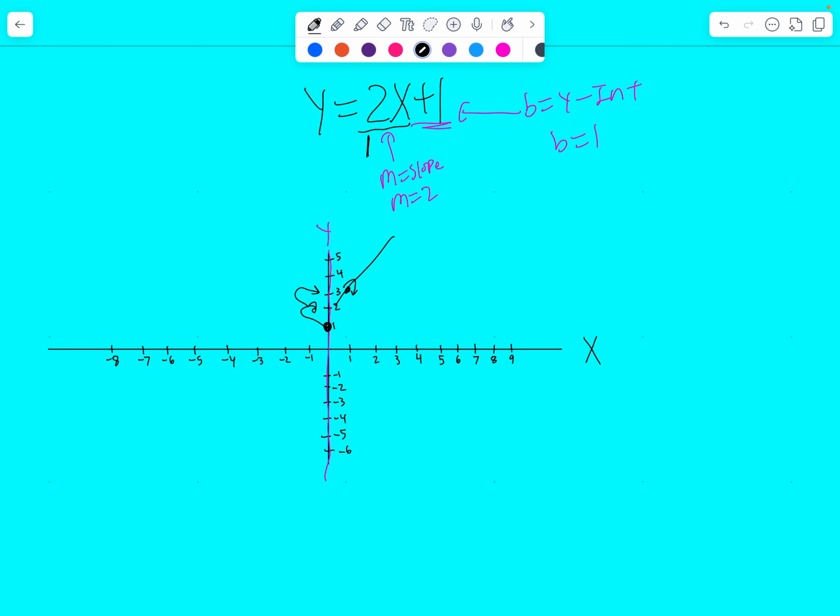I'm going to drag that out, add my arrows, and I plotted it. So that's the line. Not too bad, right? So if I wanted to label it, I would say, okay, (1, 3) for the x and the y. Let's do the next one.